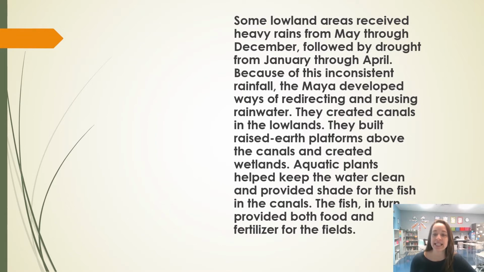Because of this inconsistent rainfall, the Maya developed ways of redirecting and reusing rainwater. They created canals in the lowlands. They built raised earth platforms above the canals and created wetlands. Aquatic plants helped keep the water clean and provided shade for the fish in the canals. The fish, in turn, provided both food and fertilizer for the fields.